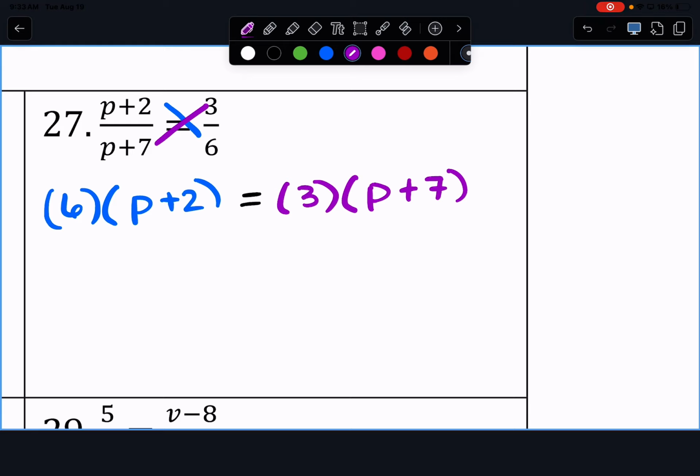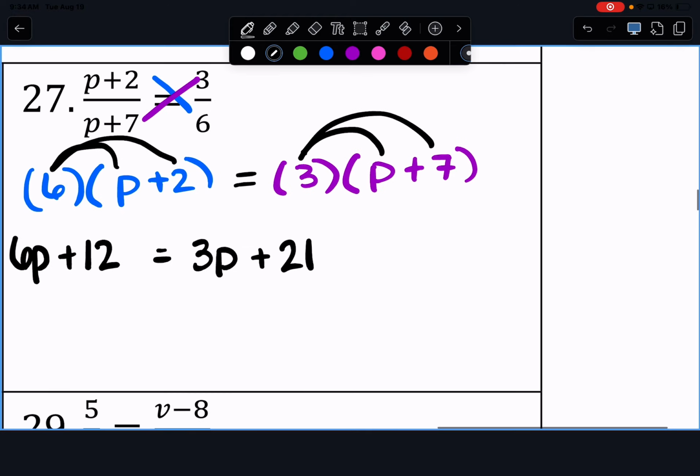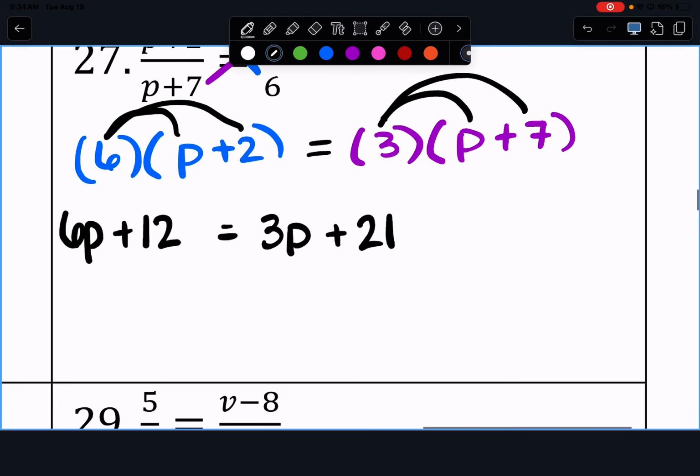All right, now we're going to distribute. So 6 times p is? 6p. 6 times 2 is? Then we have 3 times p is? 3 times 7 is? And then we solve. So from here, what should I do to solve? Minus what?